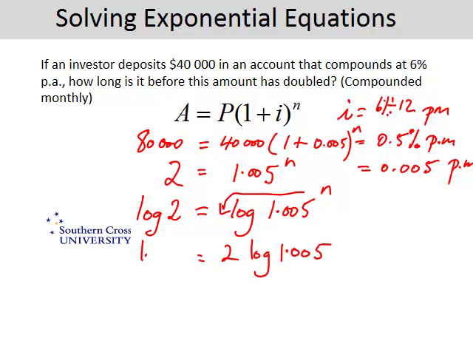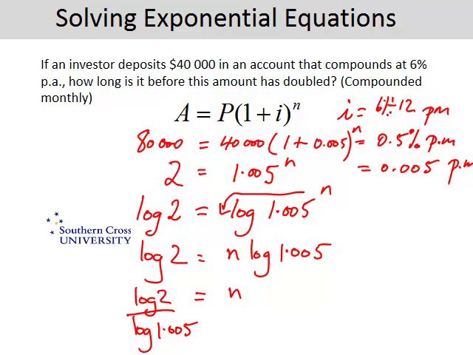If you haven't had any experience with the log laws, you'll need to just accept that at this stage. The n will come down in front and it will be n log 1.005. So that means that n is equal to the log of 2 divided by the log of 1.005.